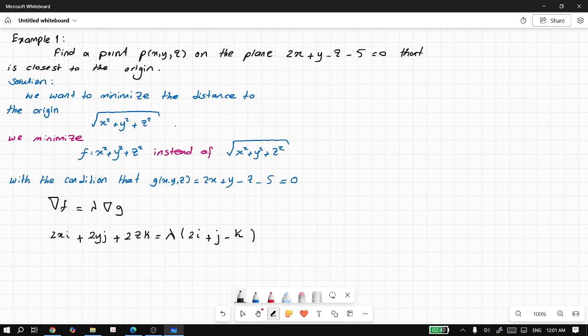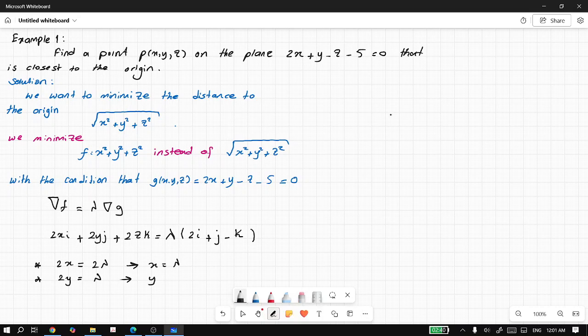Okay? So we have got an equation, and those two are equal to each other only when we have 2x is equal to 2 lambda. So here we get that x is equal to lambda, and they are equal to each other if 2y is equal to lambda.